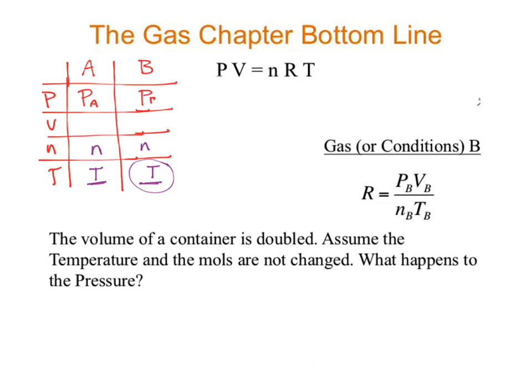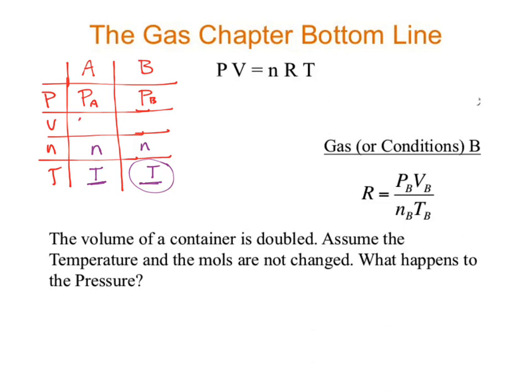Pressure B. And you're like, oh my God, this is not looking very happy. Okay, wait for it. How about volume? What is volume A? VA. And volume B? Double, so 2VA.